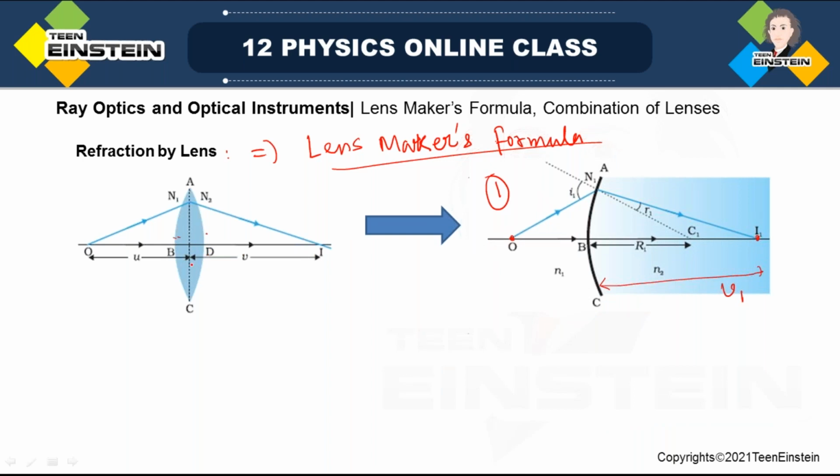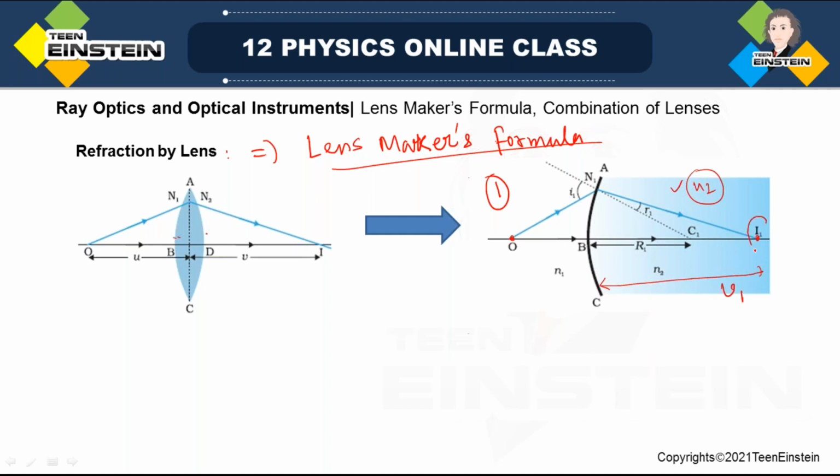The light is coming from this point object O. It is refracted by the ABC surface first, and it produces an image. This is actually a real image, produced in medium 2 having refractive index n2. That is what we have to think.